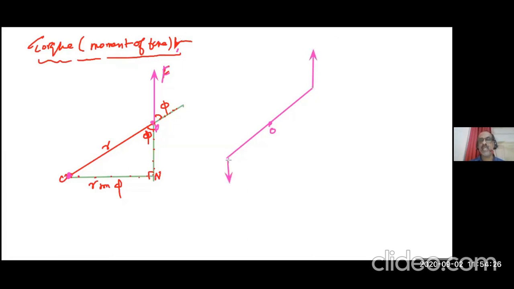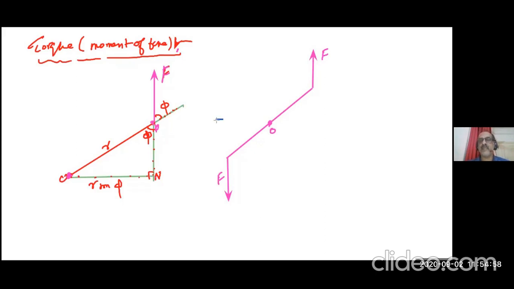If two equal and opposite forces are acting with respect to a fixed point at the center, then the torque can be obtained as follows.